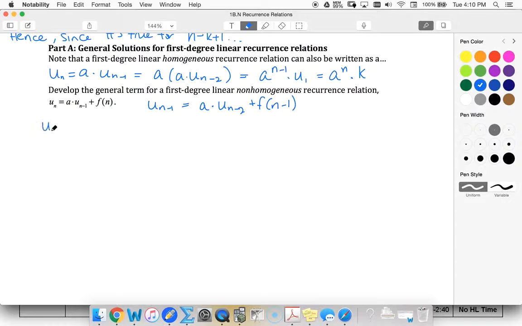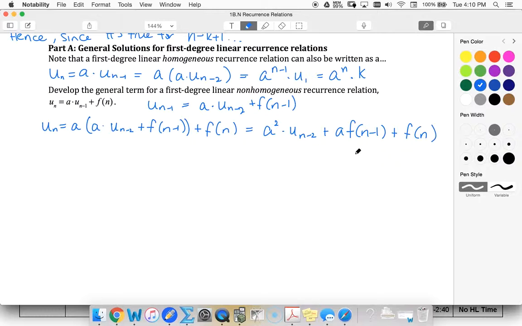So then if I plug that in, u sub n equals a times u sub n minus 2 plus f of n minus 1 plus f of n. I could expand that: a squared times u sub n minus 2 plus a times f of n minus 1 plus f of n.